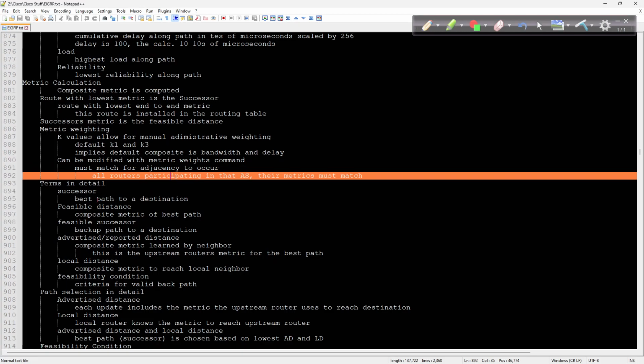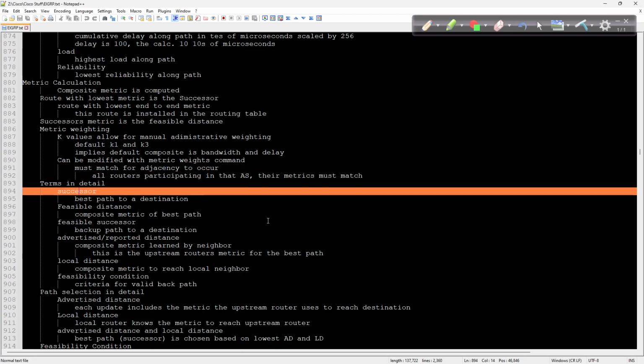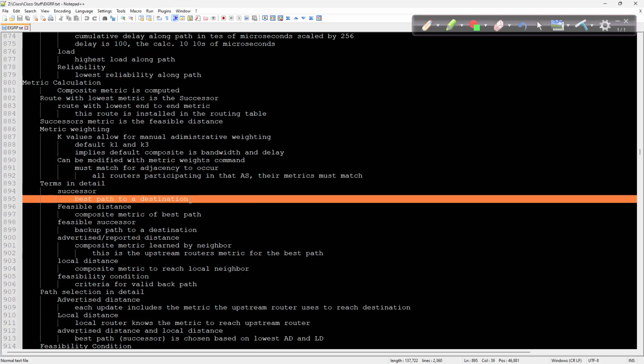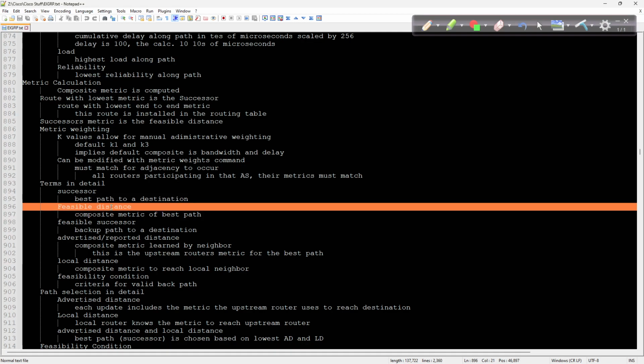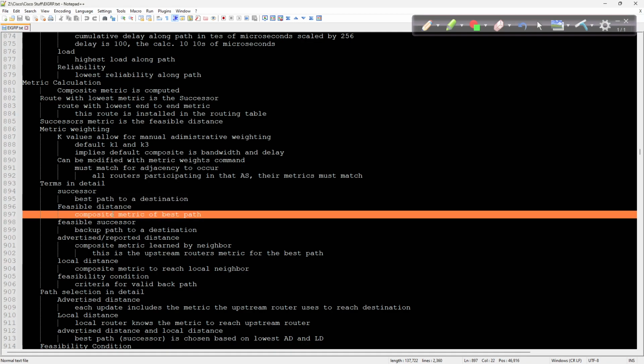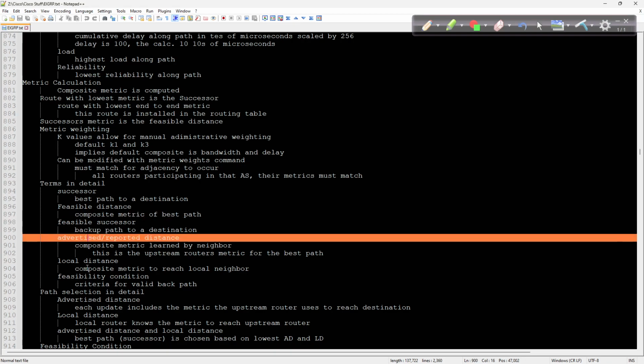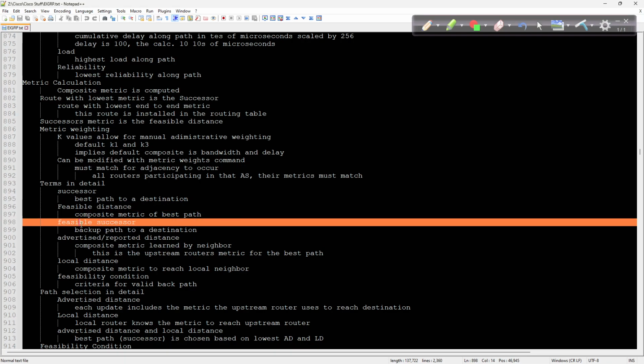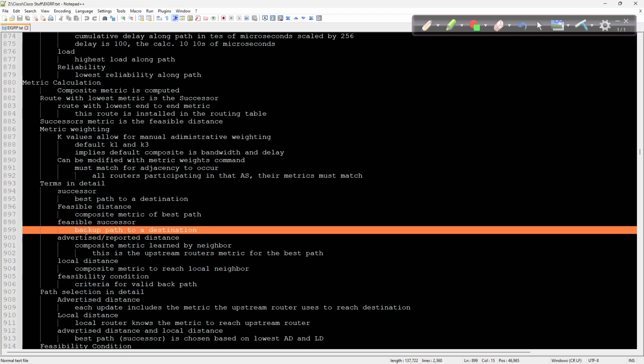So, terms. We have the successor, which is the best path to a destination. The feasible distance is a composite metric of the best path. It is a combination of the reported and local distance combined together. Your feasible successor is a backup path to a destination.